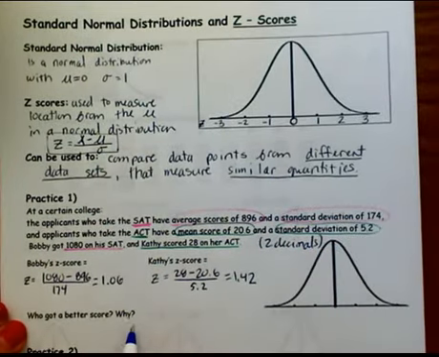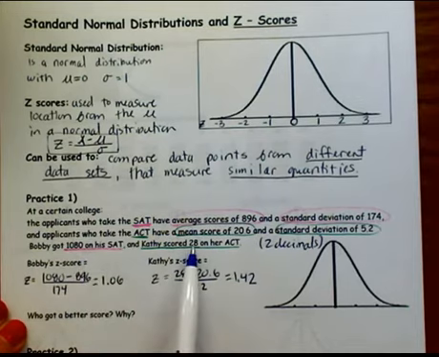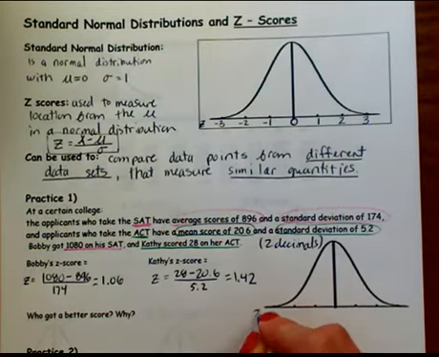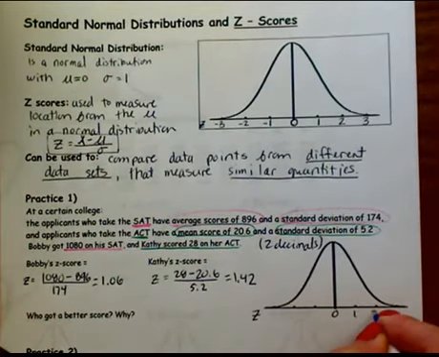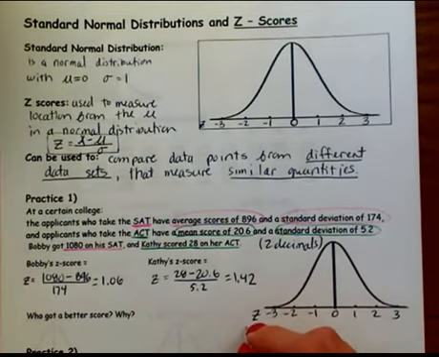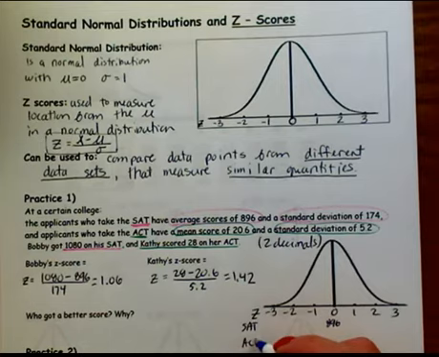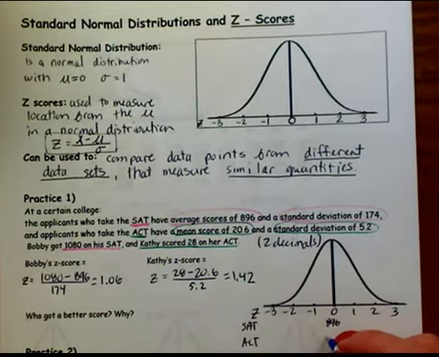Who got a better score and why? Well, we can't compare 1080 to 28, but we can compare how far above the mean. So I'm going to go ahead and label my Z-scores, and then I'm going to label the SAT, and then I'm going to label the ACT.